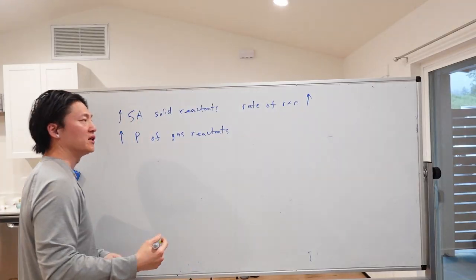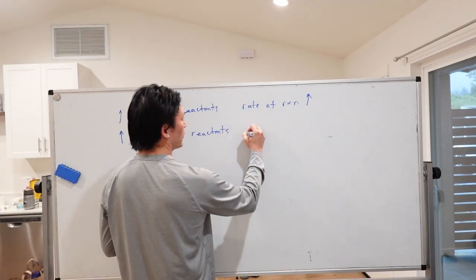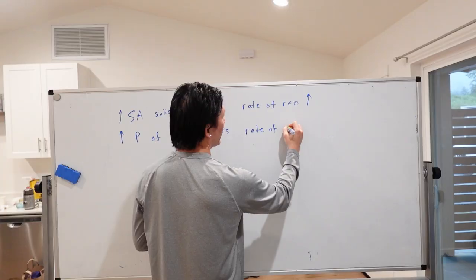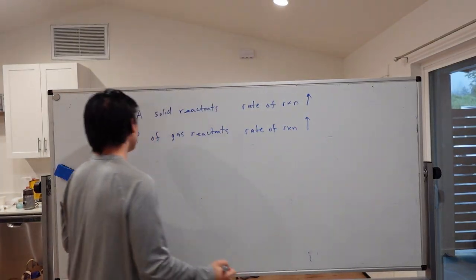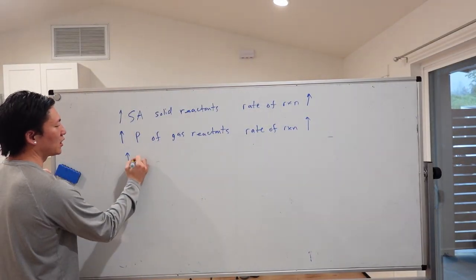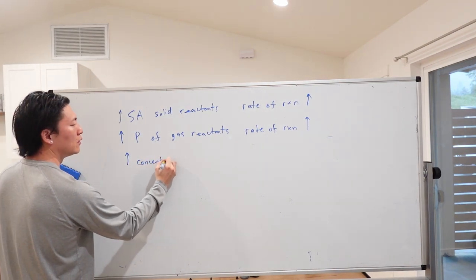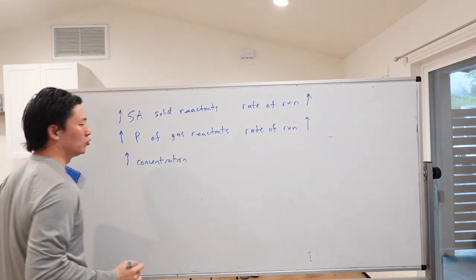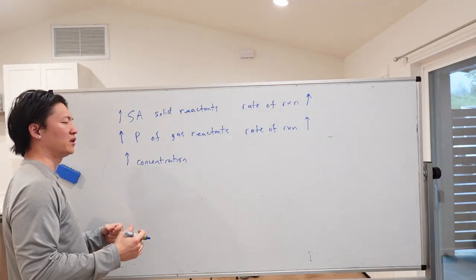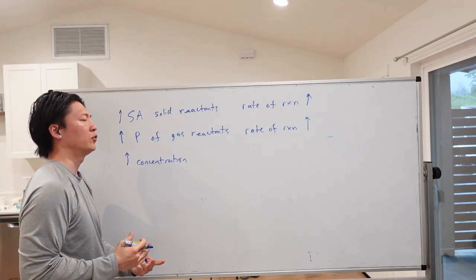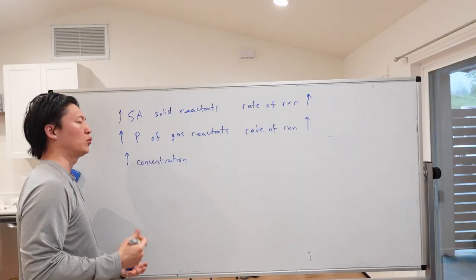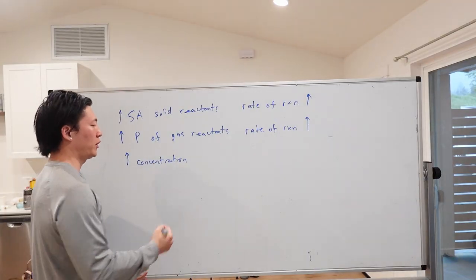If you increase the pressure of gas reactants, okay, this is the balloon idea, right? Then the rate of reaction increases. And then finally, if you increase the concentration, and usually when we're talking about the amount of stuff in a given volume, in this case in an aqueous volume, a water volume, concentration.